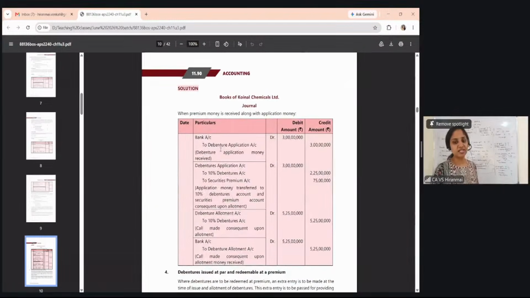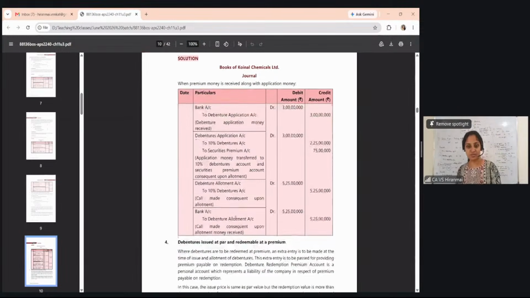So when debentures are redeemable at par, the entry of the second case will come. Issued at premium, there are 2 installments, just multiply, and please see here, premium will be collected with allotment. So the application is a normal entry, and in the transfer entry of allotment you will include securities premium. Even in the before question, you are taking the discount in the transfer entry of only allotment. Application has no effect.